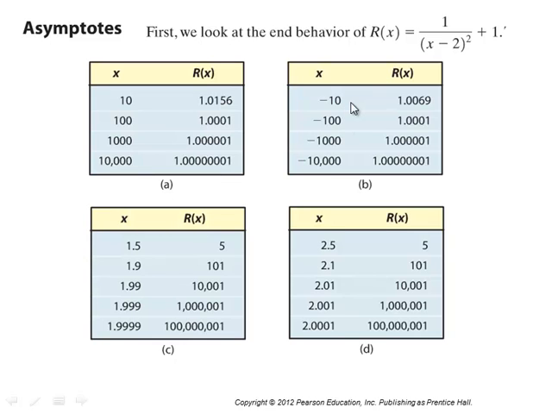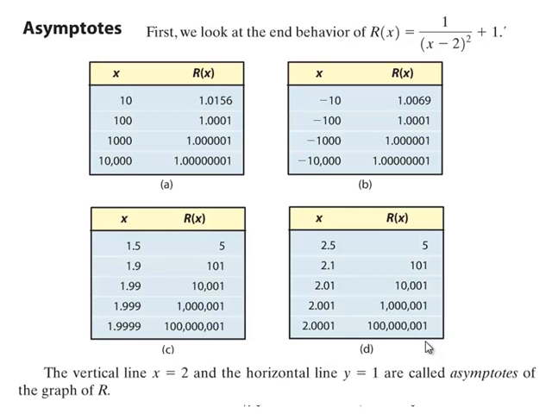And likewise, when x goes out toward negative infinity, the function gets closer and closer to 1. So we say that y equals 1 is a horizontal asymptote. Likewise, when x gets closer and closer to 2, both from the left side and from the right side, you see that the function gets larger and larger and larger. So the line x equals 2 acts as a vertical asymptote.